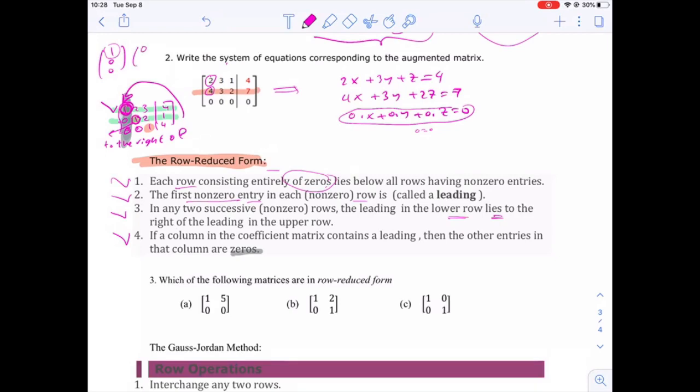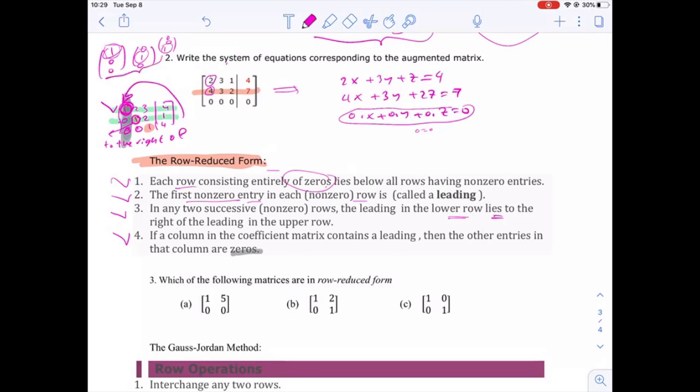For example, this is another unit, and this is a unit, so everything is 0 except the leading number. The leading number is 1, and that leading number is called a pivot. That's called a pivot.